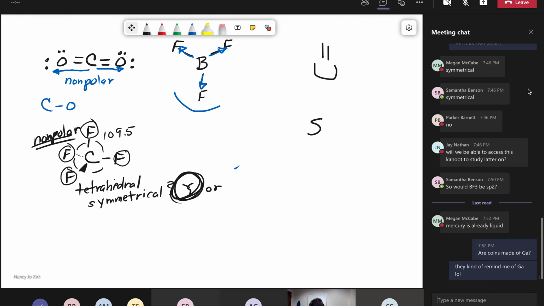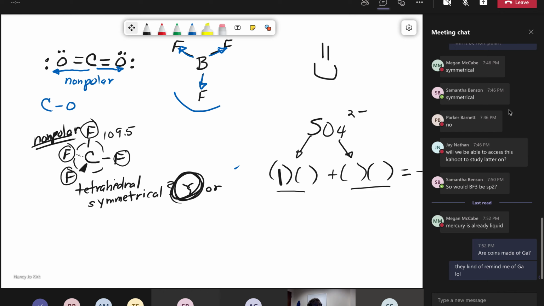So we have SO4 2-, which means the sum of all of our oxidation numbers has to equal -2. And I do it with this little math problem. My sulfur goes with this pair and my oxygen goes with this pair. In my first parentheses, I put how many I have. I have 1 sulfur and I have 4 oxygens.